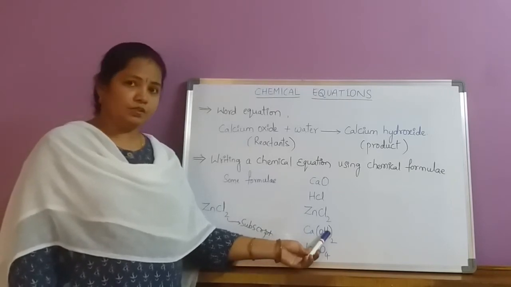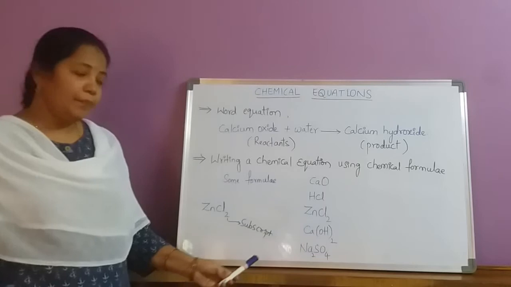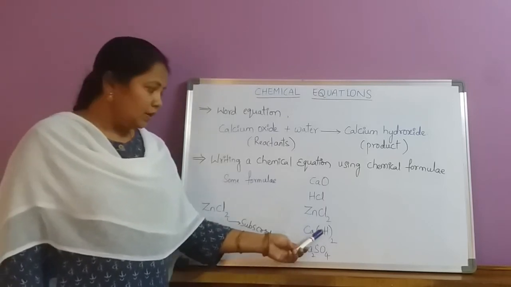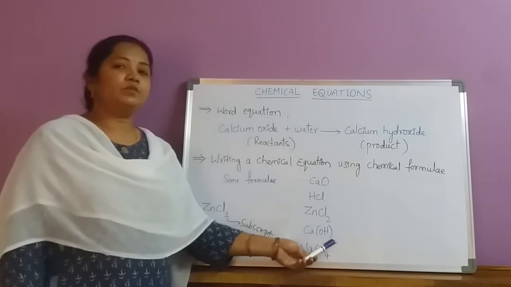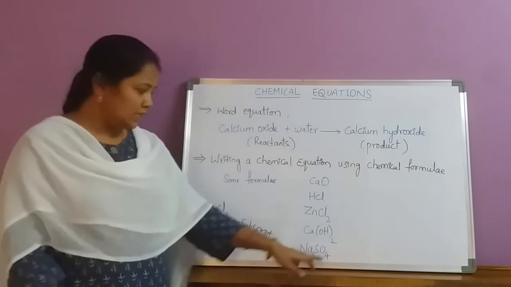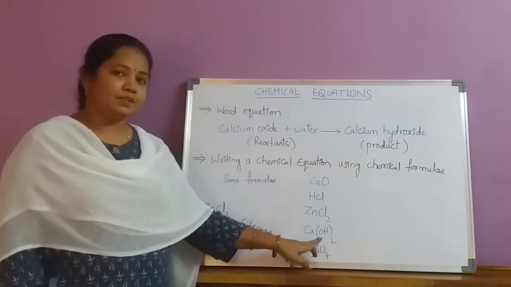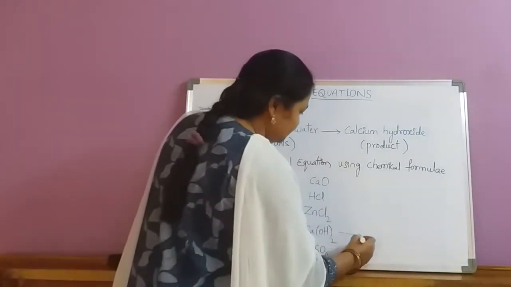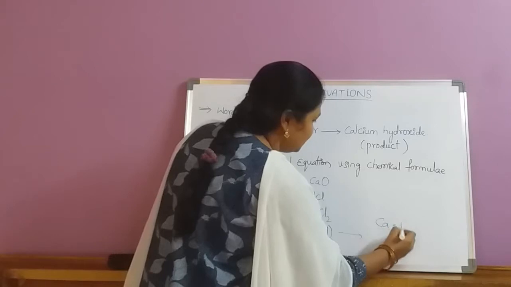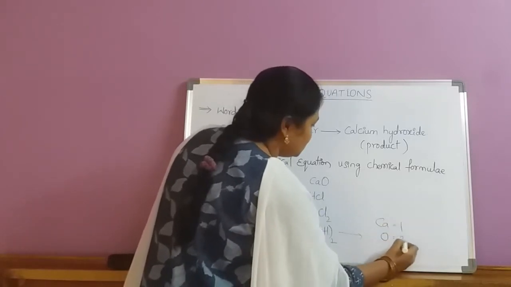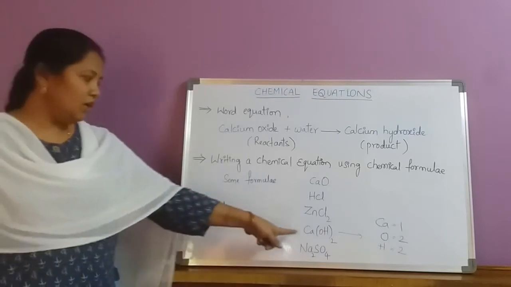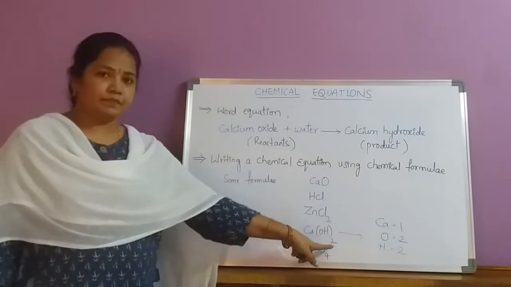On the whole, a molecule of calcium hydroxide contains one calcium atom, two oxygen atoms and two hydrogen atoms. Since this 2 is applicable for both the elements inside the bracket, how many calcium atoms are there? One calcium atom, two oxygen atoms, and similarly two hydrogen atoms. That is the meaning of this (OH) taken twice.